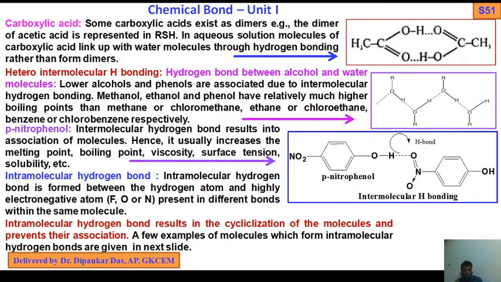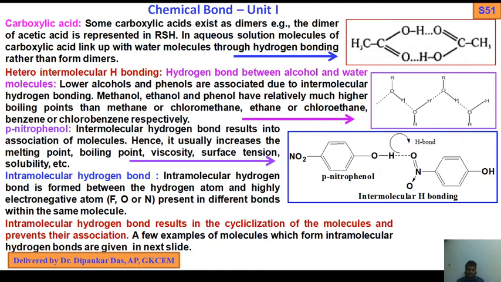So keep in mind, due to intermolecular hydrogen bonding, association of molecules takes place, so molecular weight increases, surface area increases, and boiling point and melting point also increase. But in intramolecular hydrogen bonding, there is no association of molecules, so no increase of molecular weight or surface area. Intermolecular hydrogen bonding also gives a greater number of hydrogen bonds compared to intramolecular.